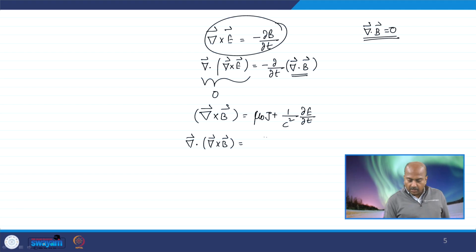So we can write it as mu naught times del dot J plus 1 by c square dou by dou t of del dot E. So we know that from the earlier equation, the divergence of curl simply becomes 0.